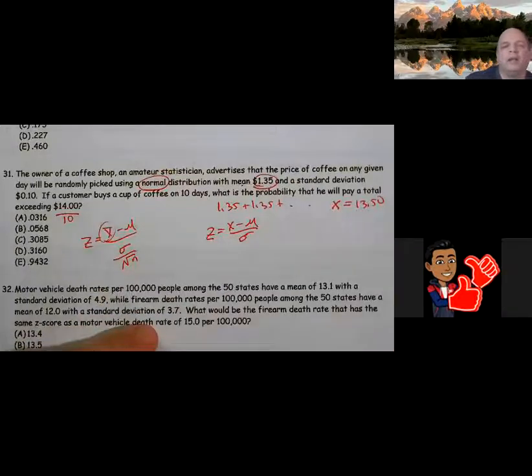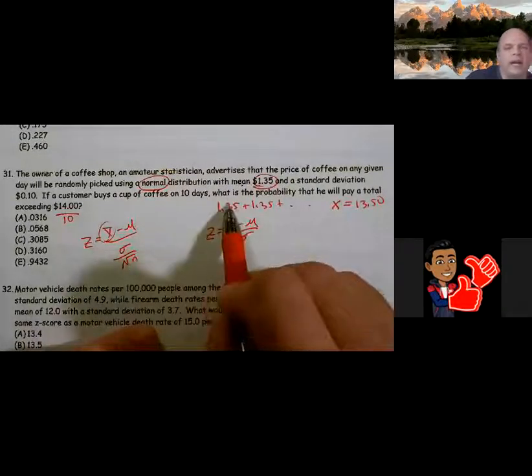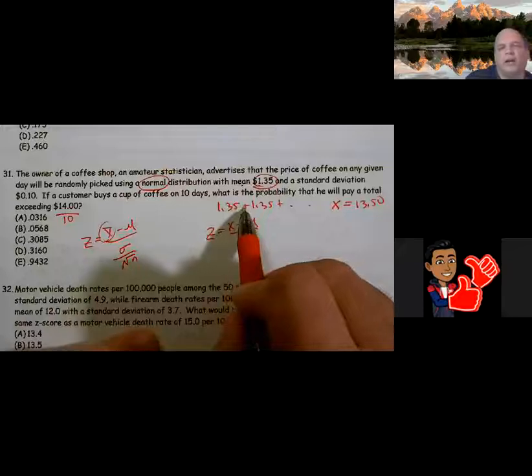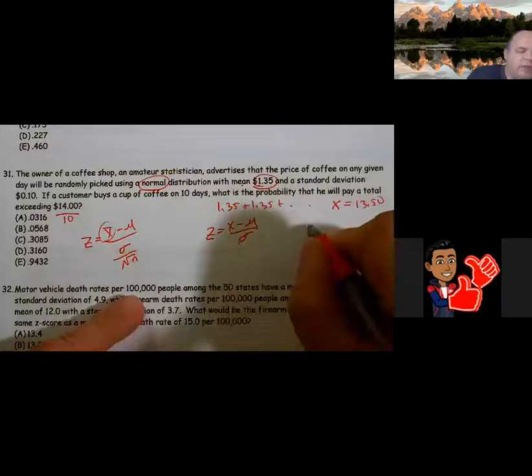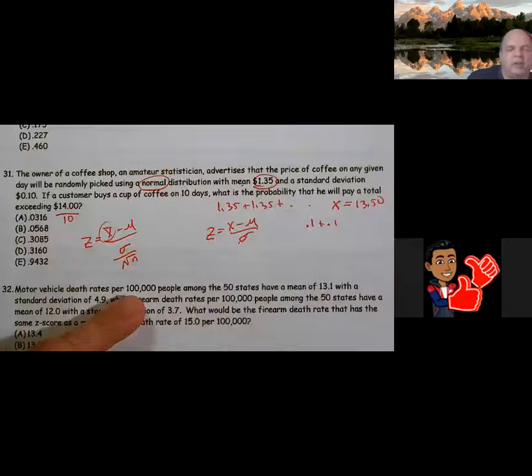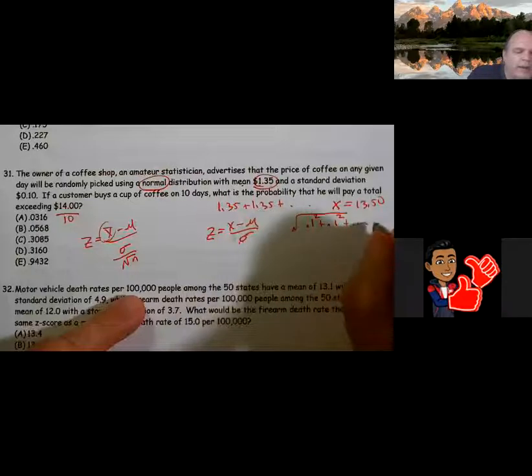But I'd also have to adjust the standard deviation, just like I added $1.35 plus $1.35 plus $1.35 10 times. But I can't just add standard deviations like that. I have to square them first, then come back and take the root of them. So ultimately, I'd have to do that 10 times.